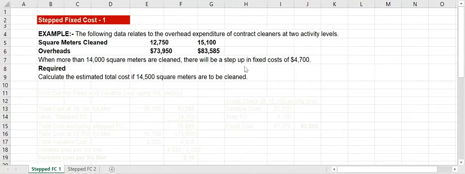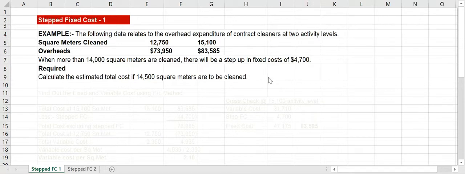What does it mean? Step fixed cost means the fixed cost will be fixed up to a certain activity level, and thereafter the fixed cost will increase as you increase the activity level.